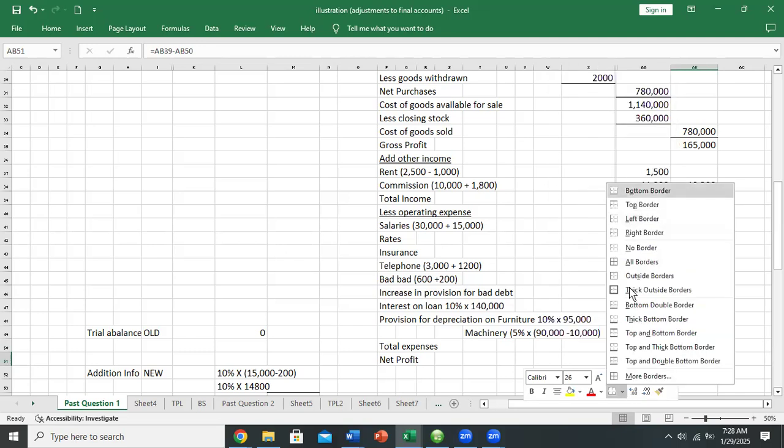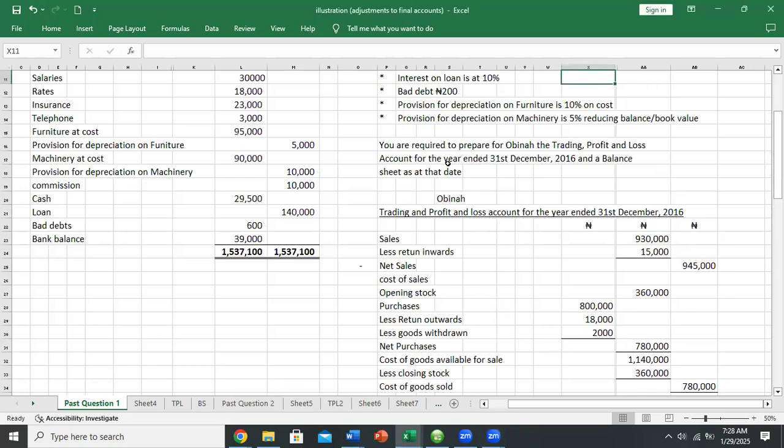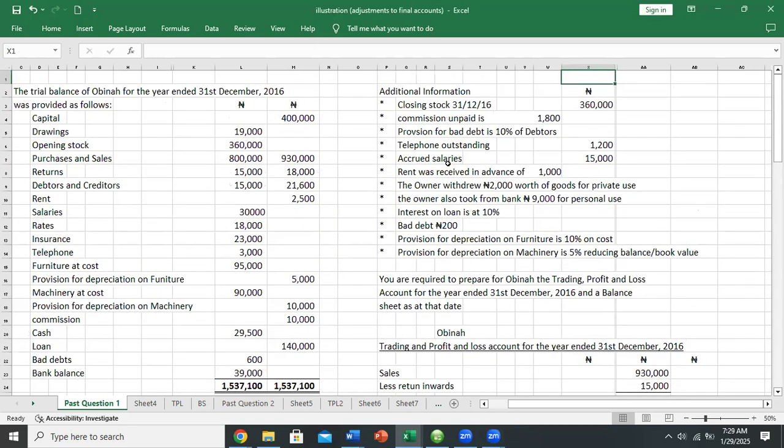So please, when you are preparing your trading profit and loss account and you have additional information or adjustment to make, please take your time. Start the usual trading account, right? But first of all, appreciate the things you have been given to adjust.